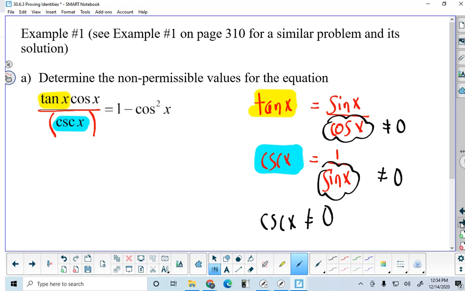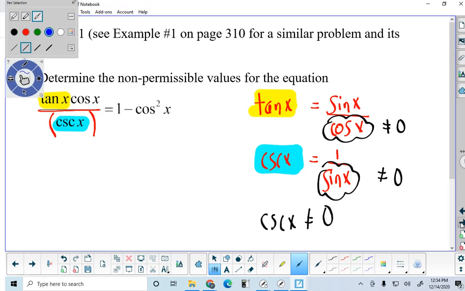So now my question is, are we okay to that point? Does anybody have any questions on why? Well, let me go through them again. Cosine of x is not allowed to be 0 because if cosine of x were 0, then tangent would not be defined.